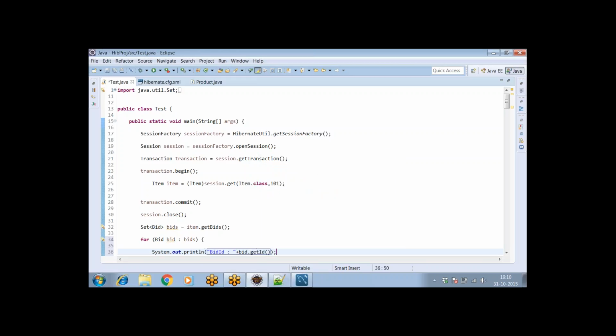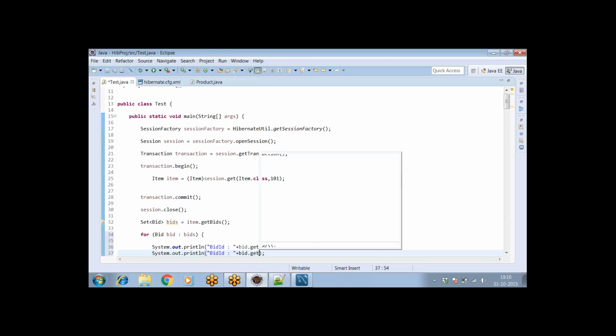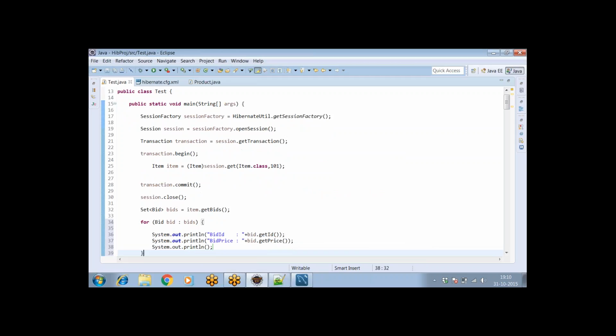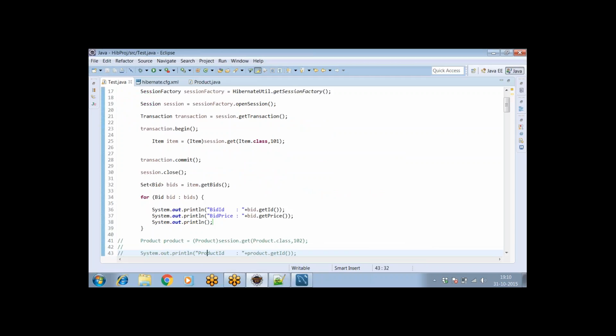Bit dot get ID and price. Okay. So let's see what happens.